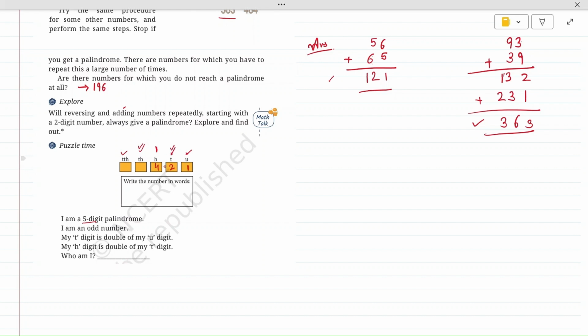If this is 4, 2 and 1, this number and this number will be the same. So we have 14241 as the answer of this puzzle. This is the 5-digit palindrome number. So this is very easy. I hope this is clear to you, kids.